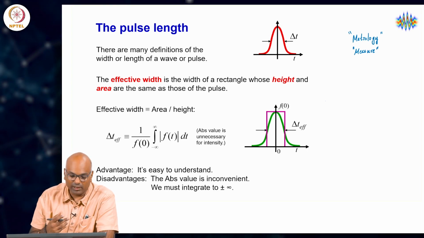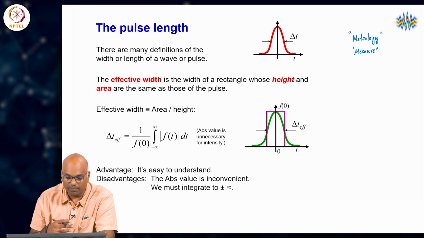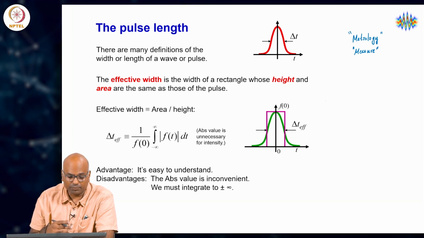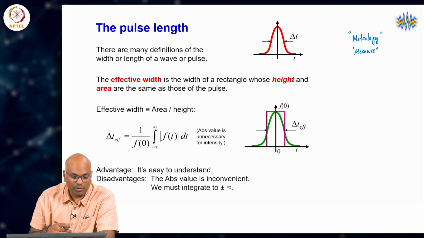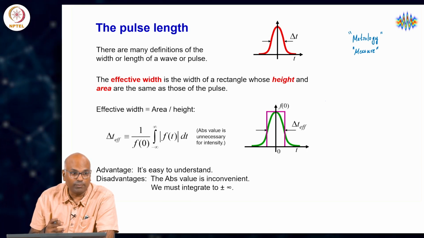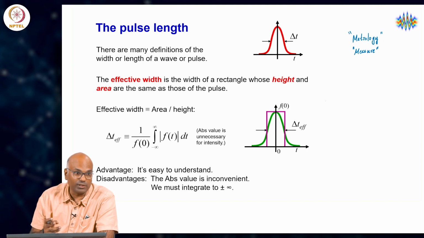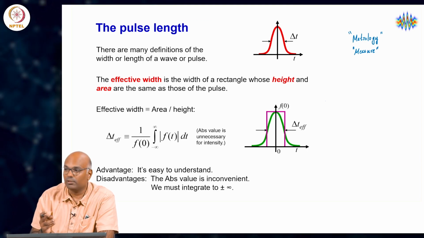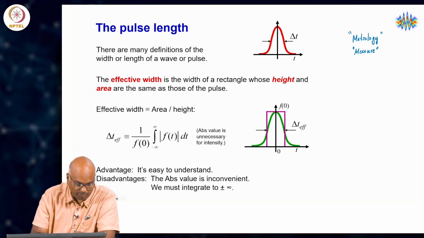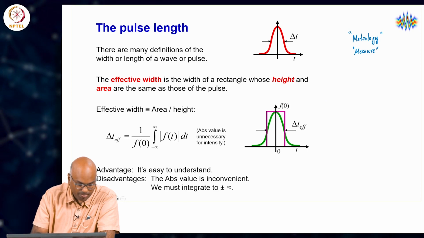So, the first and in a way the simplest measure for the width of the pulse is the following. There are many definitions, we will come to more sophisticated definitions, but a simple idea to get a measure of the width of the pulse is the following.